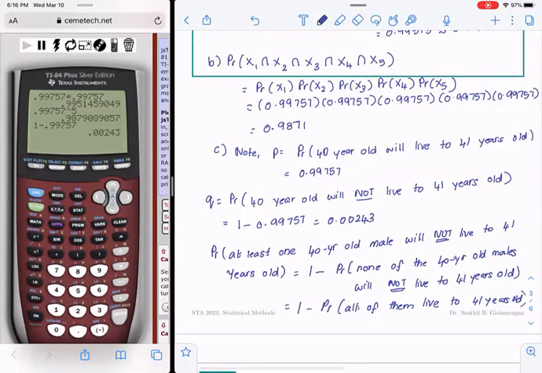So logically, that probability, all of them living up to 41 years old, is nothing but the probability that we found in part B. So that is 1 minus 0.9871. That would give us 0.0129.